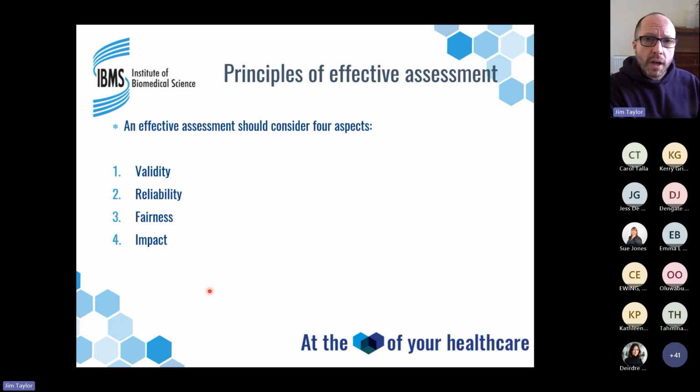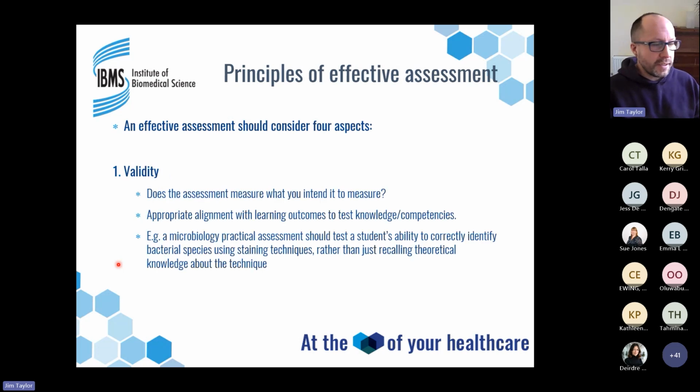But when it comes to writing an individual assessment piece, it's really important that it considers 4 different aspects. I'm just going to spend a couple of minutes going through all of them before we start putting this into practice with some examples about different assessment types and why they're good and why they're bad in different situations.